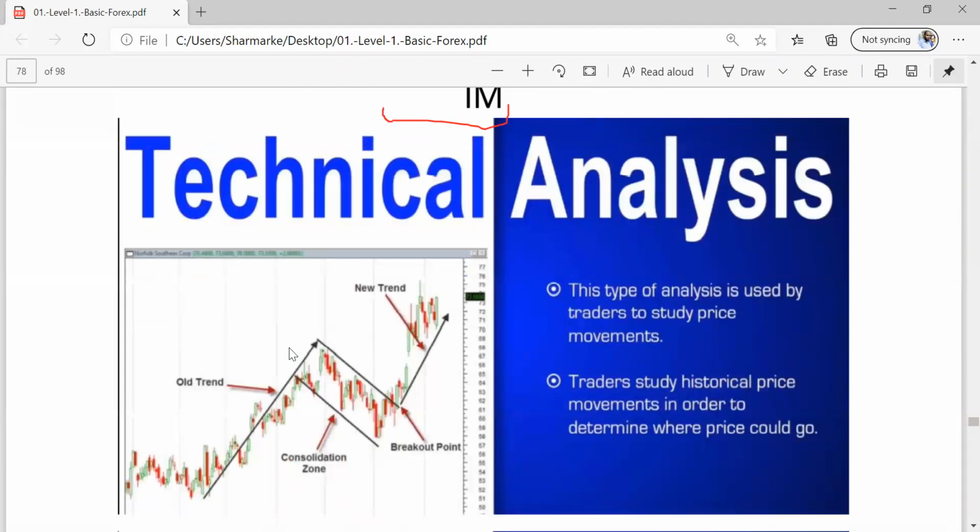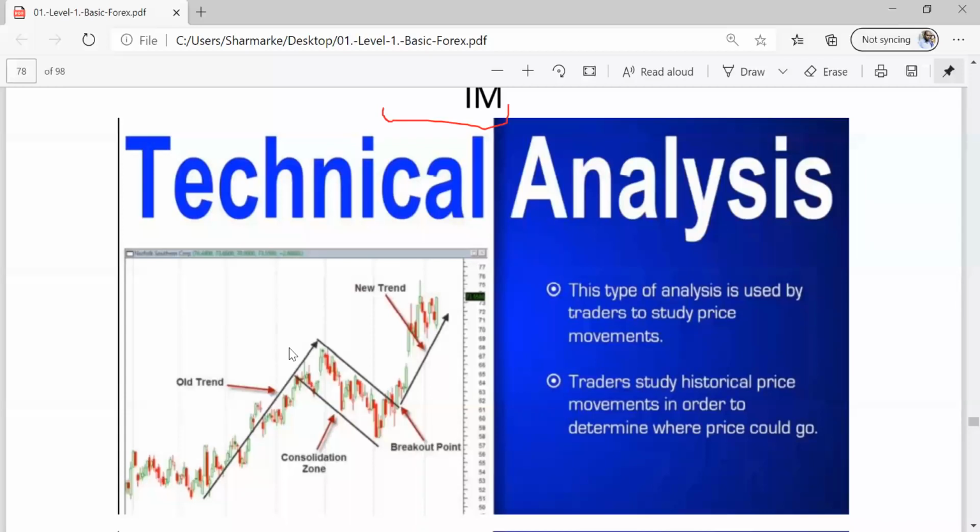This type of analysis is used by traders to study price movements. They will check where the trend is, if there are consolidation zones, if there's a breakout, if there is a flag pattern. All these things, they are going to map the market. Traders study historical price movement to determine where the price could go.